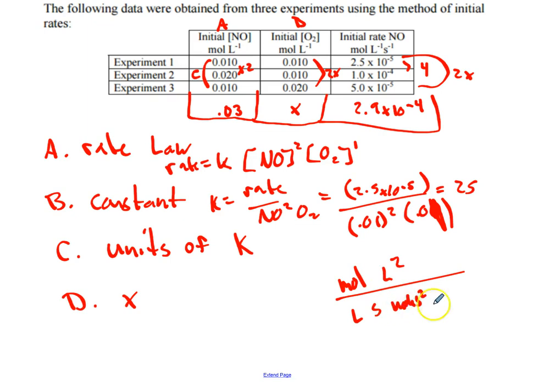You okay with that? For NO, that's the molarity squared, and then another mole and another liter. So the individual moles and liters cancel, so it's liter squared per second mole squared on the bottom. Okay, then we're probably out of time.